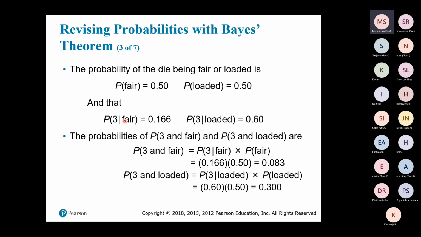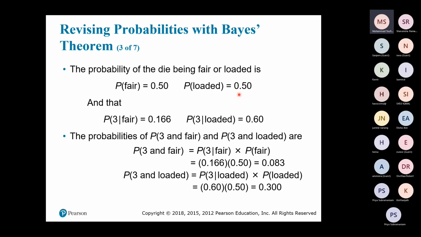Okay, and then the probability of rolling number 3 when you pick a fair die is 0.166, because this is independent.